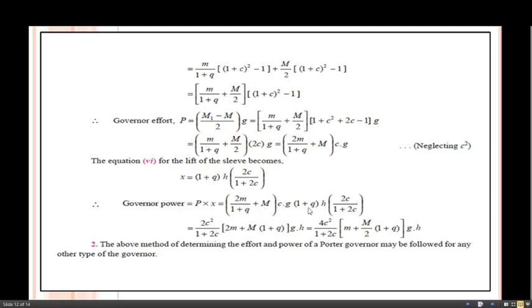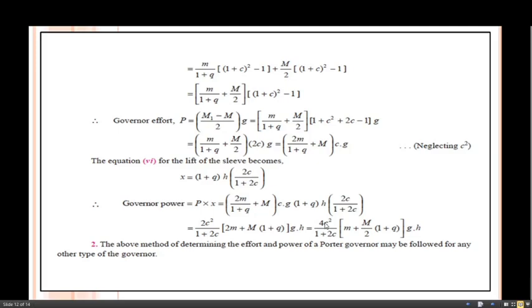After that, just simplify this term: multiply this one by c, here we get c square. So 2c square divided by 1 plus 2c is written here like this. Then we look towards the next terms. Here make the base common for m, so 1 plus q and 1 plus q get cancelled.